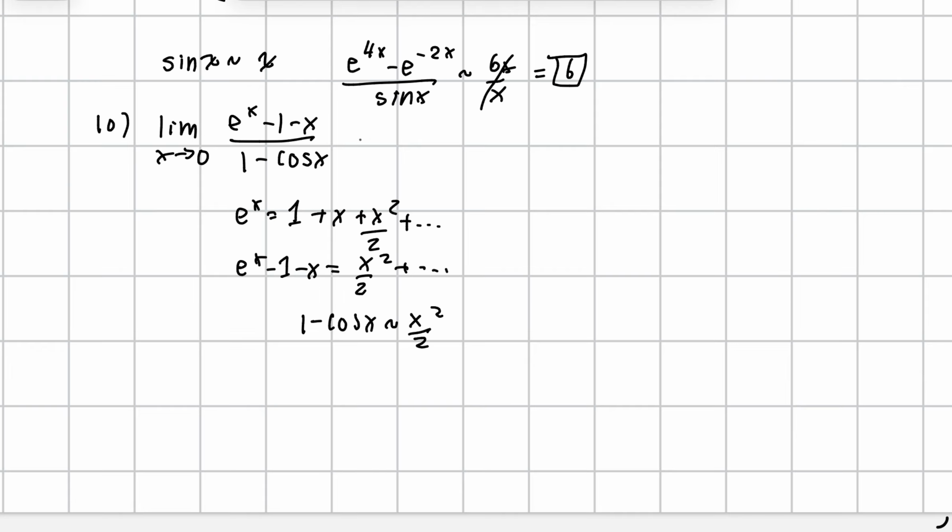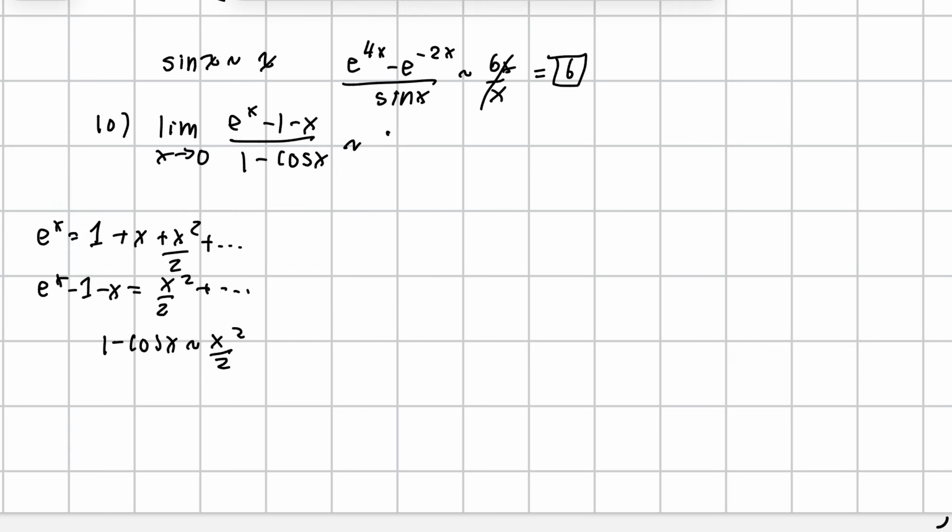So we can rewrite this as an approximation where this will be (x^2 over 2) over (x^2 over 2). That's just the same number over itself, making all of this equal to 1. So the numerator and denominator are going to vanish to second order. So this is 1.